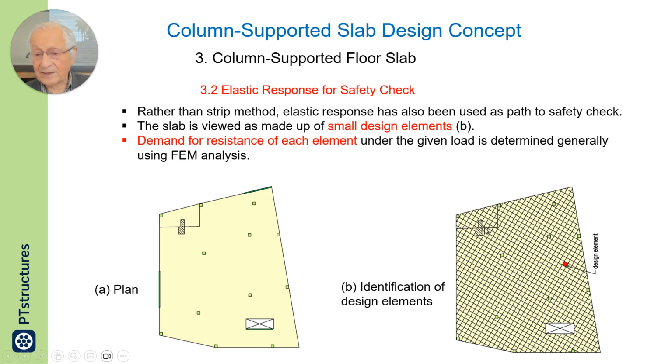Now, this is practical when you put a bottom mesh and a top mesh. A bottom mesh and top mesh provide a base capacity everywhere. And then you check each of these elements from finite element against the base capacity.